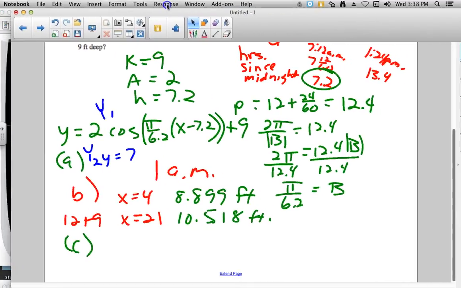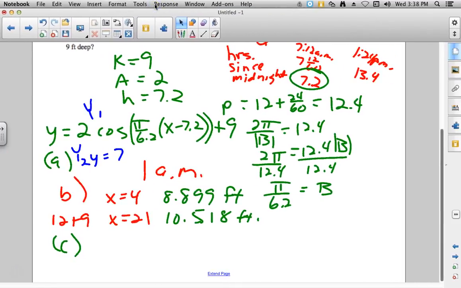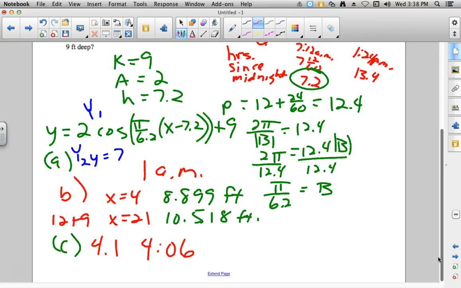So a time of 4.1 is 4 1/10 of an hour. So that's going to be 4 a.m., but 1/10 of an hour is 6 minutes. So 4:06 a.m. And what they're really having us find here is when was the water halfway down, because that's what 9 was. It's halfway between that 7 and that 11.